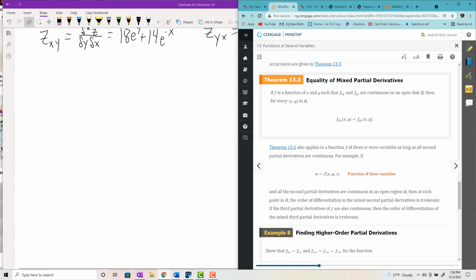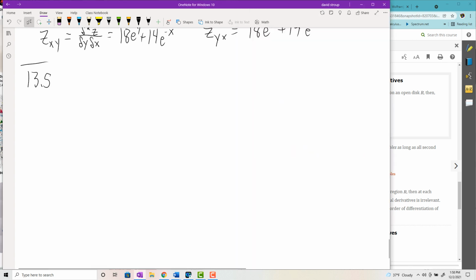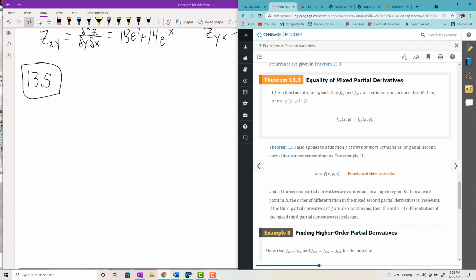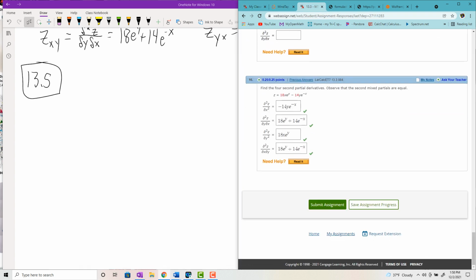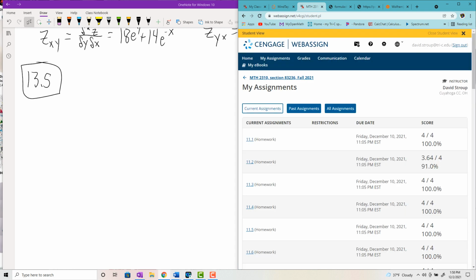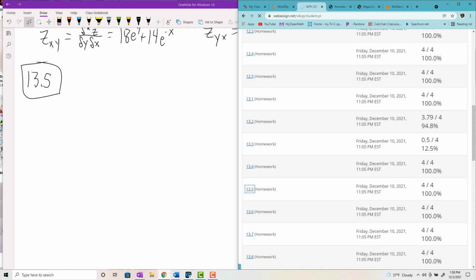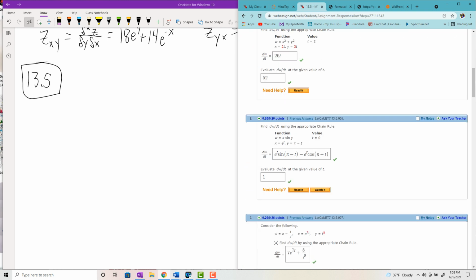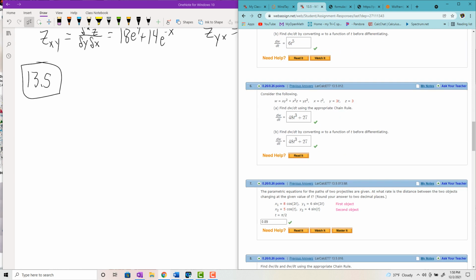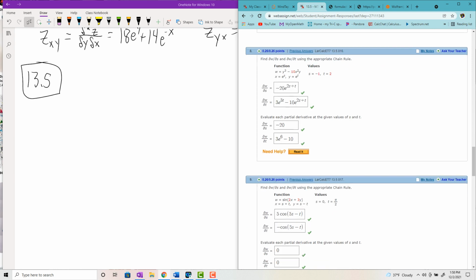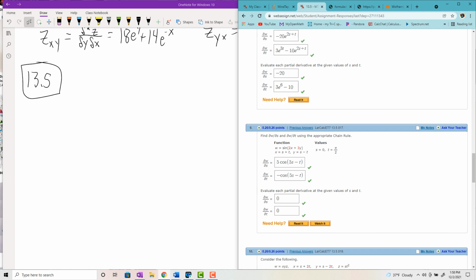And 13.5 is where you have the chain rule, which I think is kind of important because it can help you in a bind. And some of the formulas, when we derive them, use the chain rule to derive the formula. When we were doing tangent planes, the reasoning for why the tangent plane uses the gradient as the normal vector was dependent on the chain rule as part of its proof.